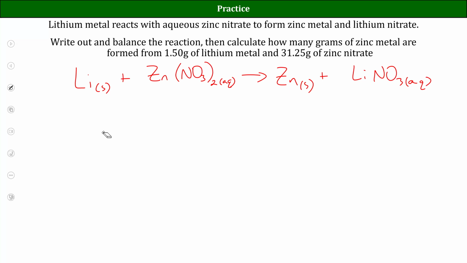So I know I have to make 2 nitrates over here. So I can do that, which then means I can do this. Nitrates are balanced, lithiums are balanced, zincs are balanced. And as long as nitrates are balanced and there's no other oxygen or nitrogen, our nitrogens and oxygens are balanced too.